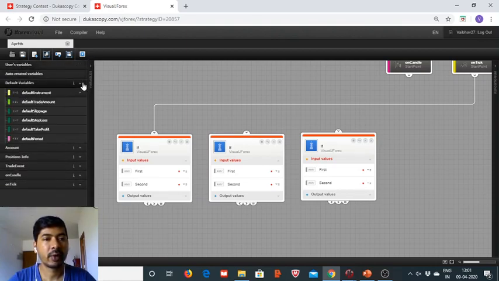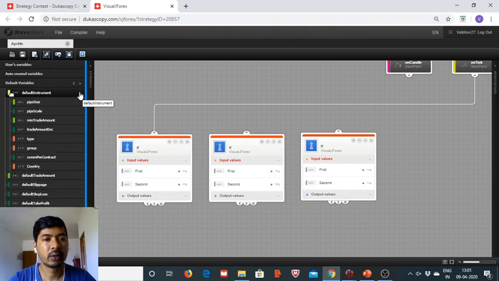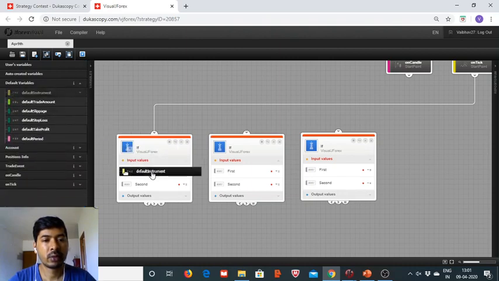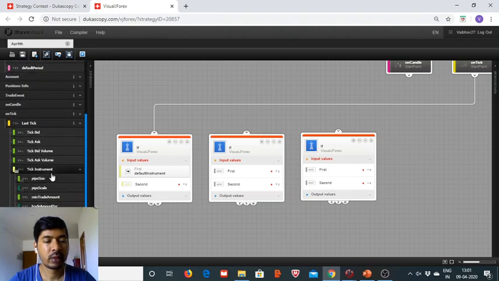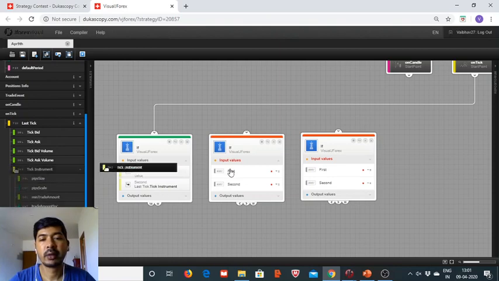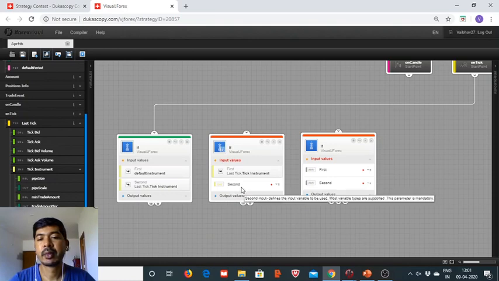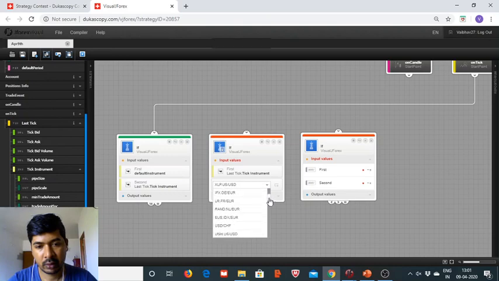We take the default instrument, then we take the tick instrument, the last tick instrument, and again here also, and now we have to look for the Euro USD.